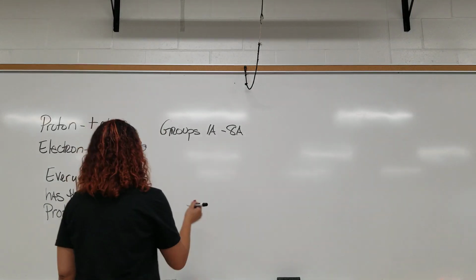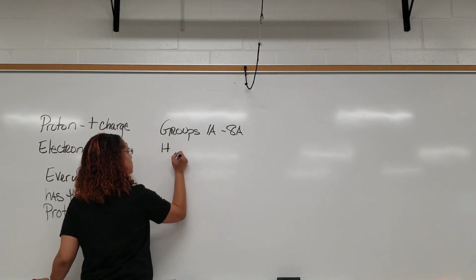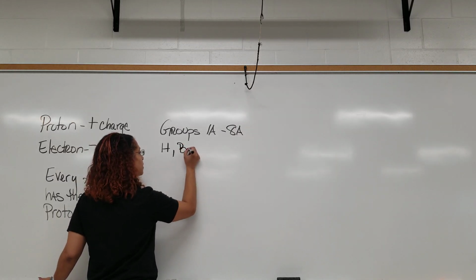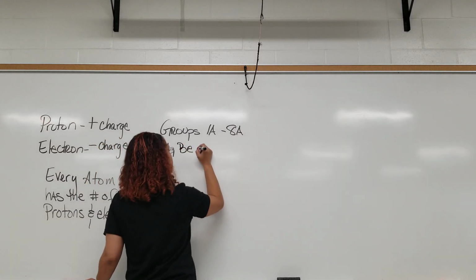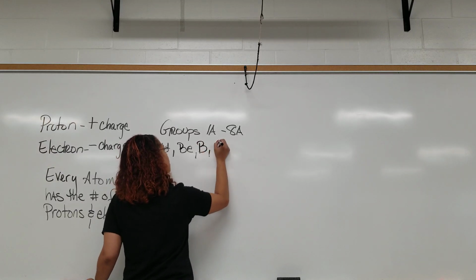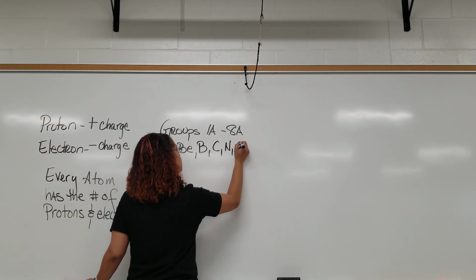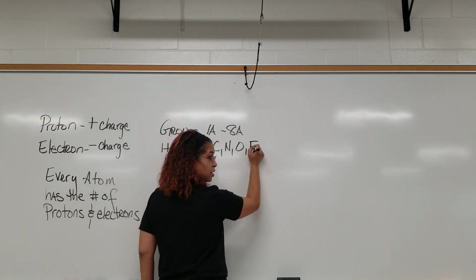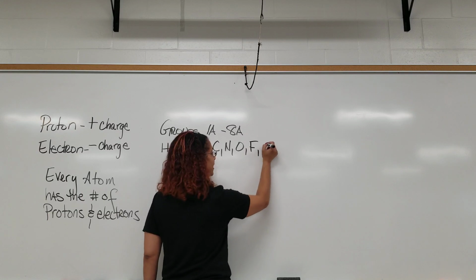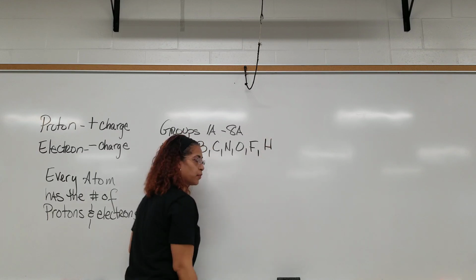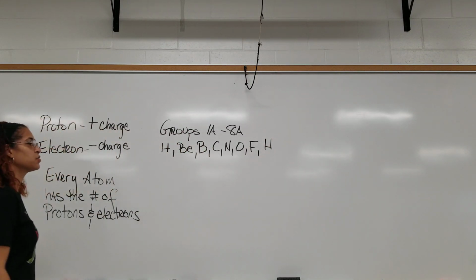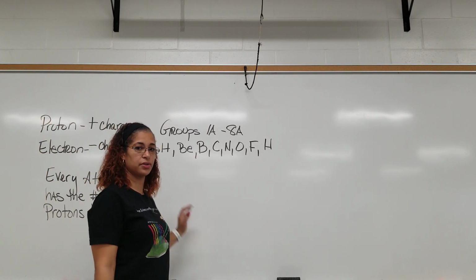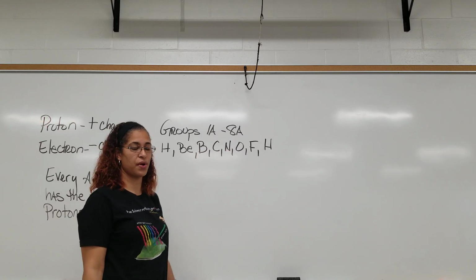So those are the groups that begin with hydrogen, and then beryllium, boron, carbon, nitrogen, oxygen, and then we have fluorine, and helium is at the top of the 8th group. So these are the tops of groups 1A through 8A, so you can use those elements as a reference.